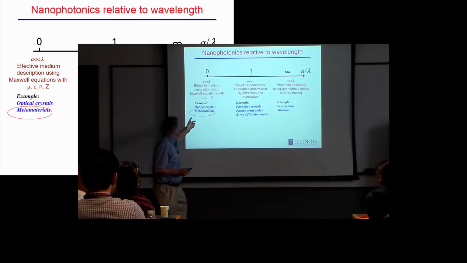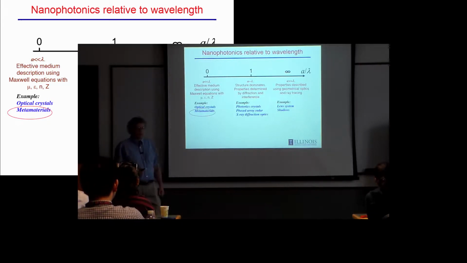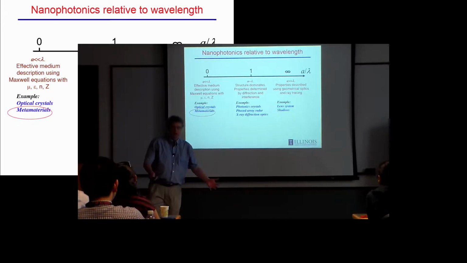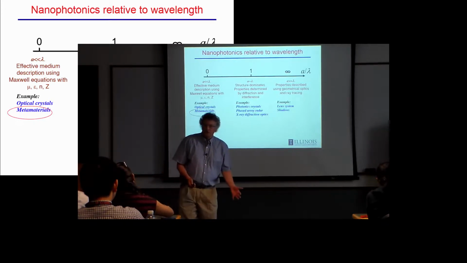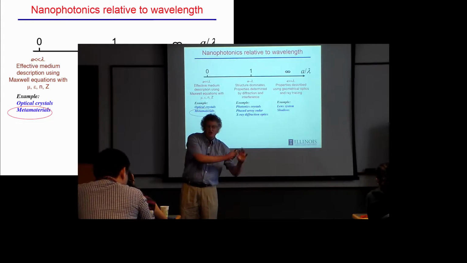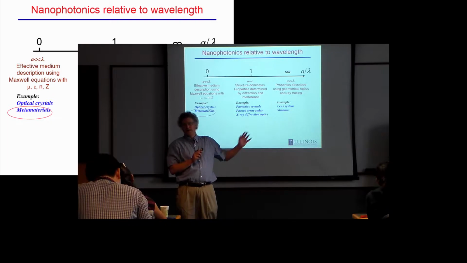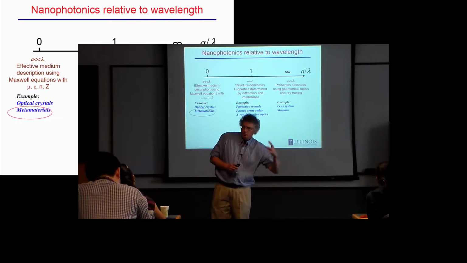And this is the regime of, say, metamaterials that you may have heard about. Metamaterials are basically engineered materials that have unique optical properties. And what that means is that whatever it is we're doing to the material has got to be so much smaller than the wavelength that basically the light just sees it as some new material as opposed to seeing the specific grooves and so forth.